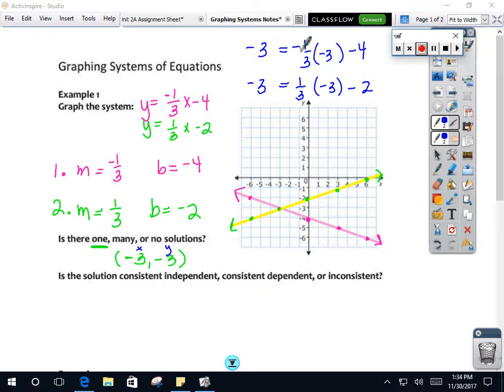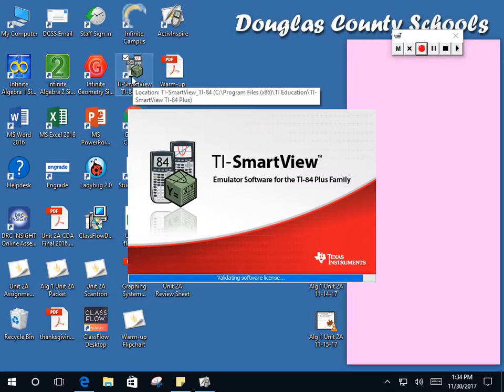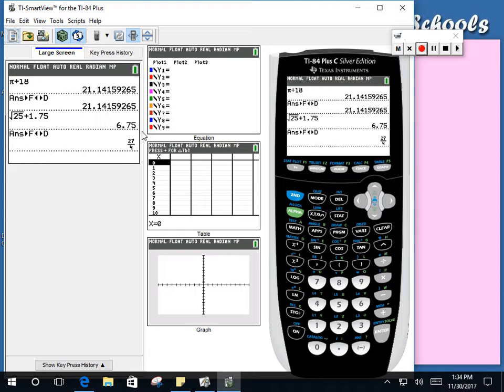Okay, when you type in negative 1/3 times negative 3 minus 4 and hit equals, what does it say on your calculator? Okay, let me type it in. Watch, I'm going to type it in.